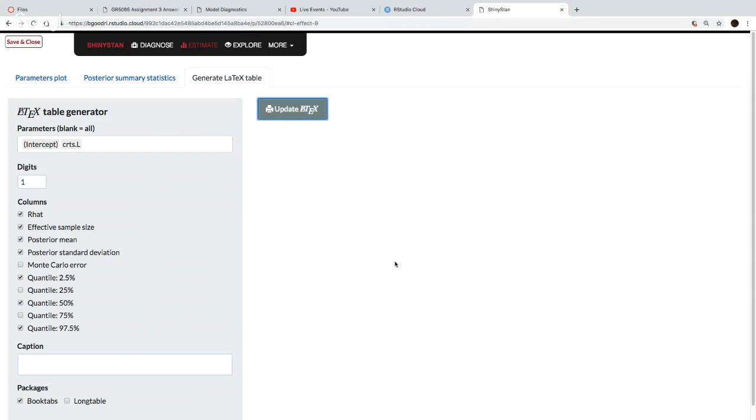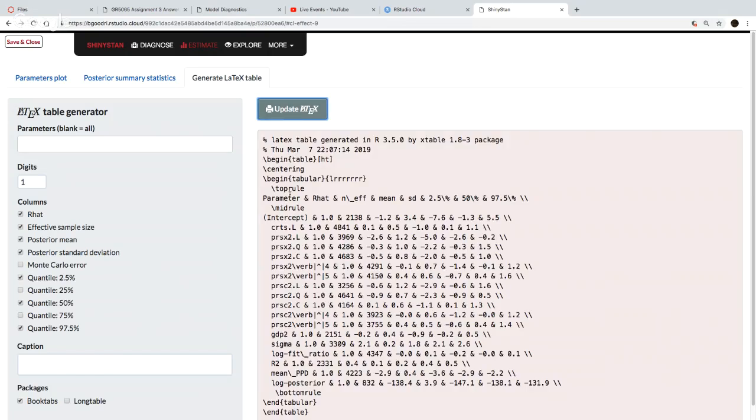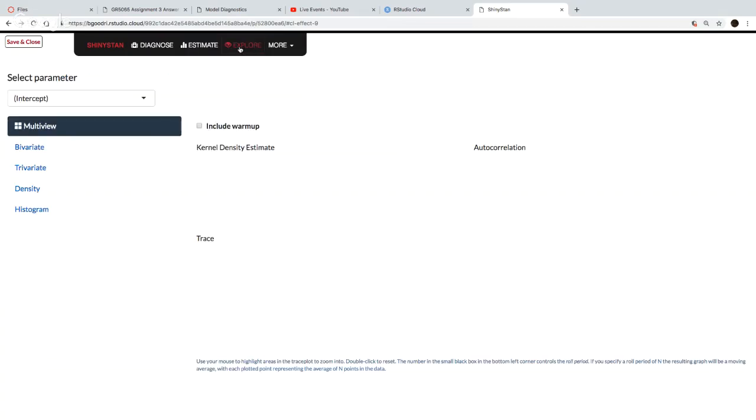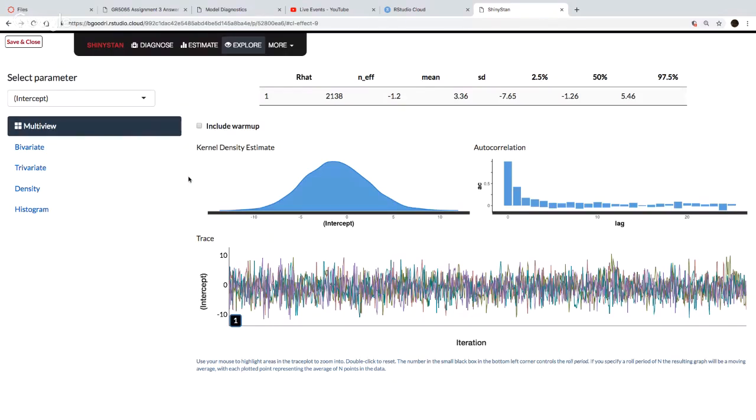It will spit out the code. Okay, it was just frozen for a second. Anyway, if you need to put a table into a publication, this can generate a correctly formatted version of that. So that's nice. Clicking on the Explore tab enables us to look at some more of these plots.